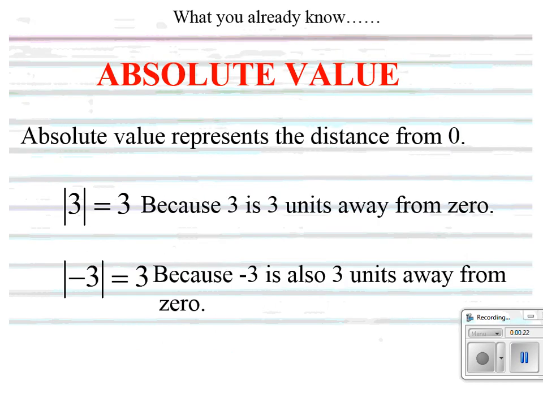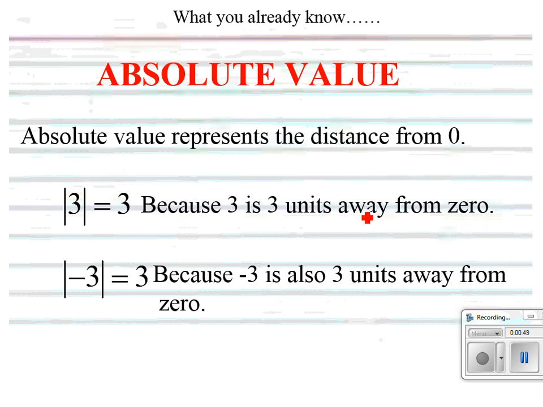So we already know that absolute value represents distance from zero. Sometime in your math career, you have learned that absolute value means distance from zero. Now, distance is always positive. We can't go a negative distance. So therefore, we know that the absolute value of any number is always positive, because the absolute value of 3 is actually positive 3 because it's 3 units away.